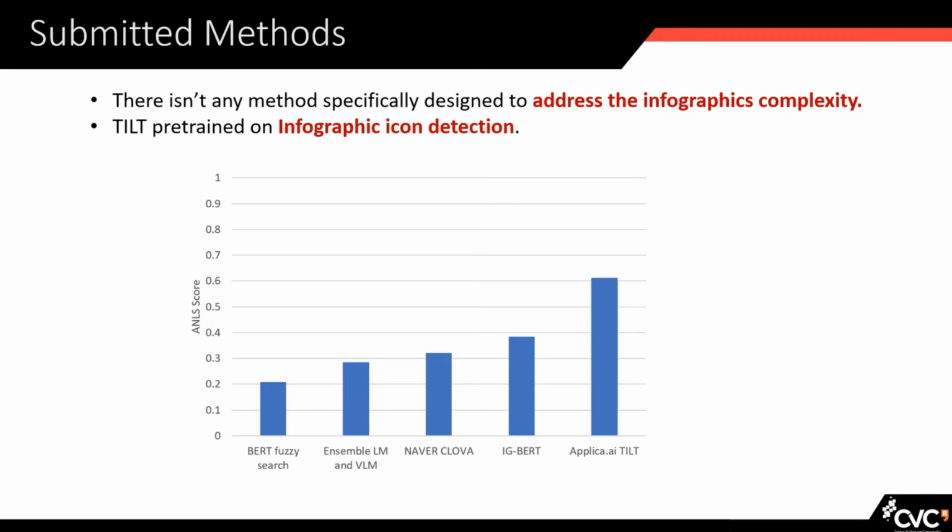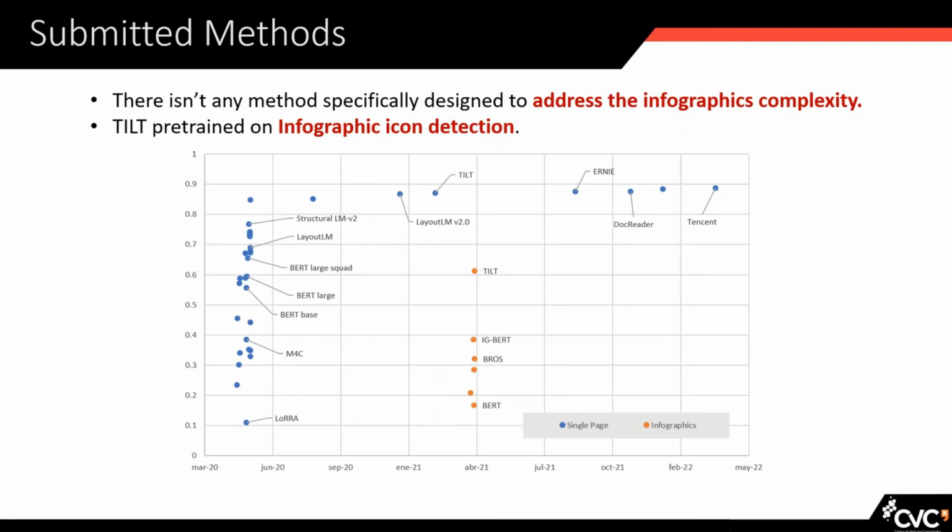For example, they pre-train on infographics icon detection, but the architecture is exactly the same. So there is currently no architecture designed to address the infographics complexity, which, as we have seen, is quite hard.